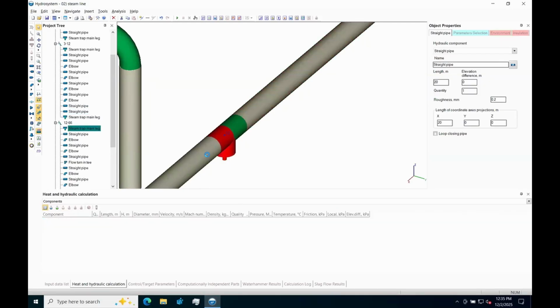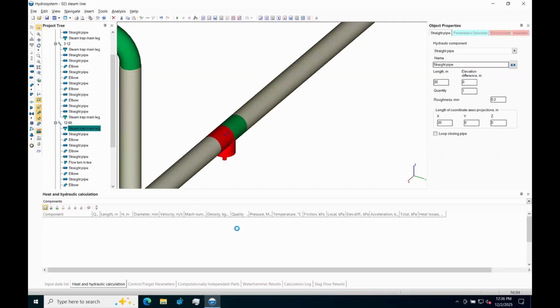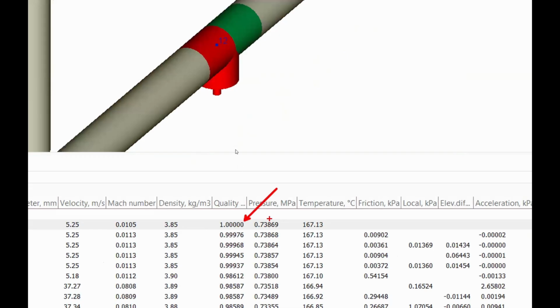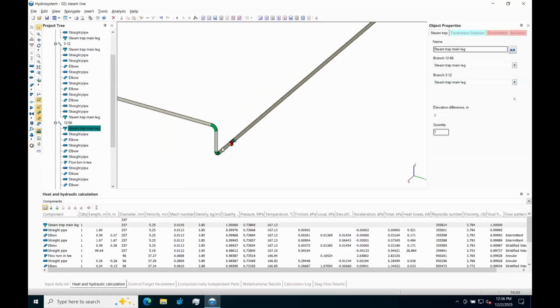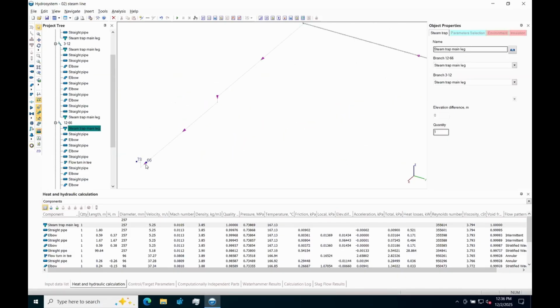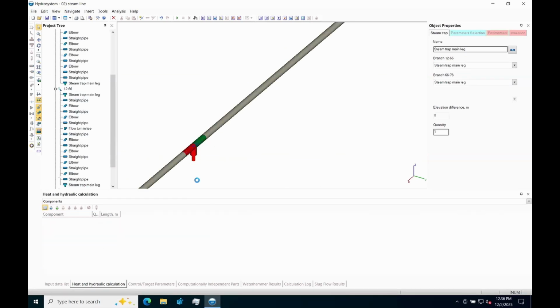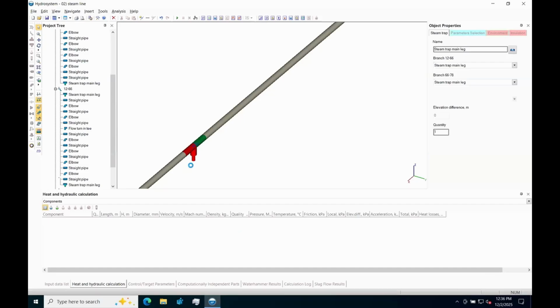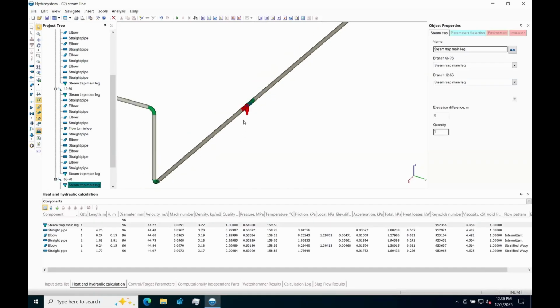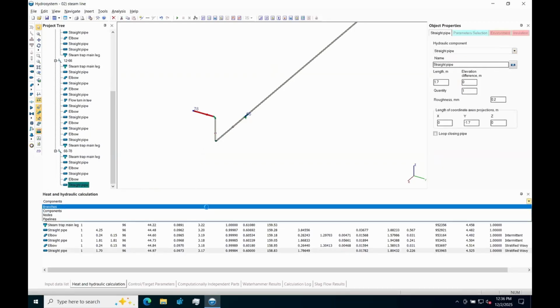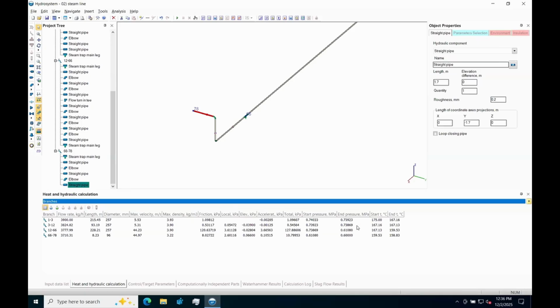After this steam trap, once again, we have 100% quality, nothing but steam. Then the fluid comes to the following steam trap, where the remaining condensate formed is once again removed from this piping system. We can calculate the amount of removed condensate and how it will affect the calculation results, how it will affect the pressure and other components.